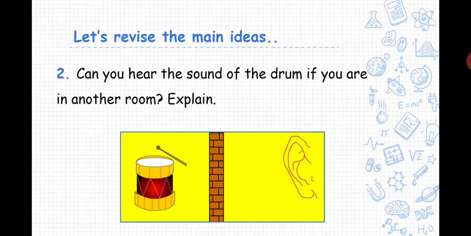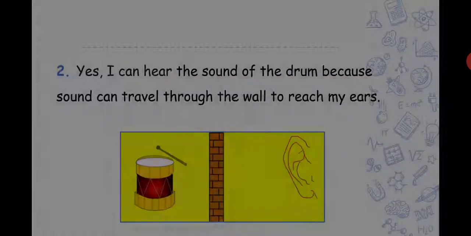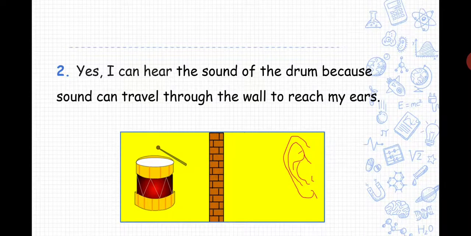Because we know that sound can pass through all solids and the wall is a solid. Then it will travel again to reach our ears so we can hear it. So my dear, the answer here is yes, I can hear the sound of the drum because sound can travel through the wall to reach my ears.